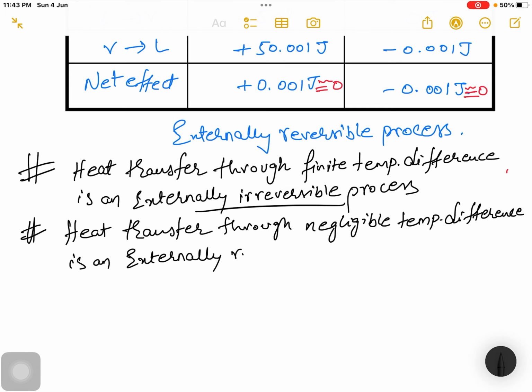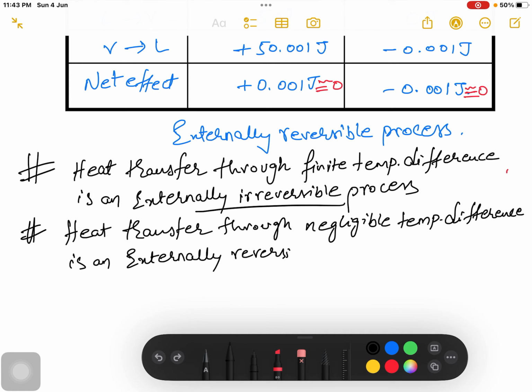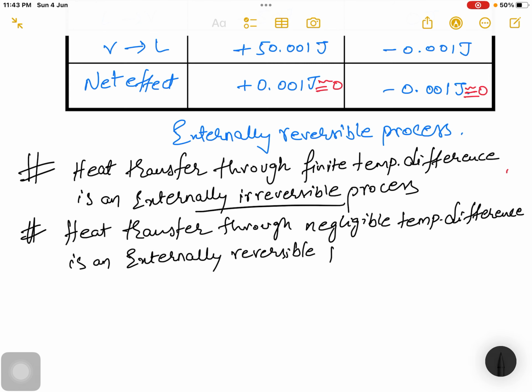As you can observe here, there is no irreversibility, means the net effect is approximately 0 only. By this I can conclude is that there is no irreversibility outside the boundary of the system.